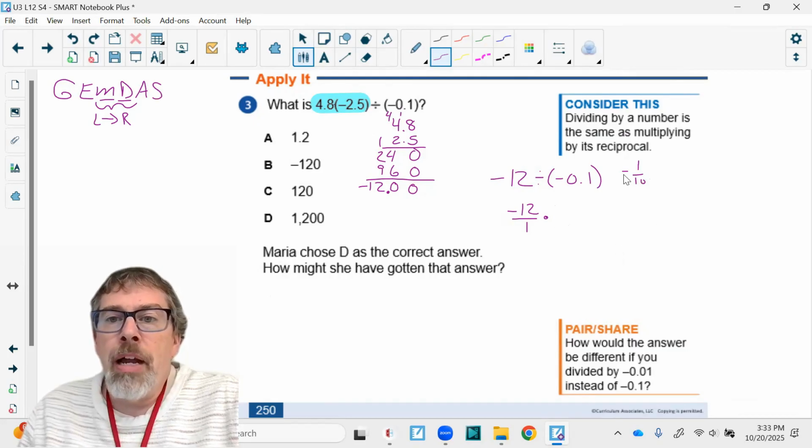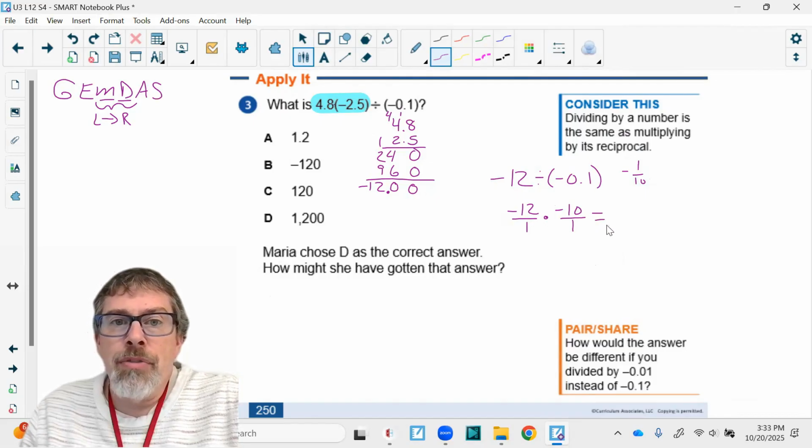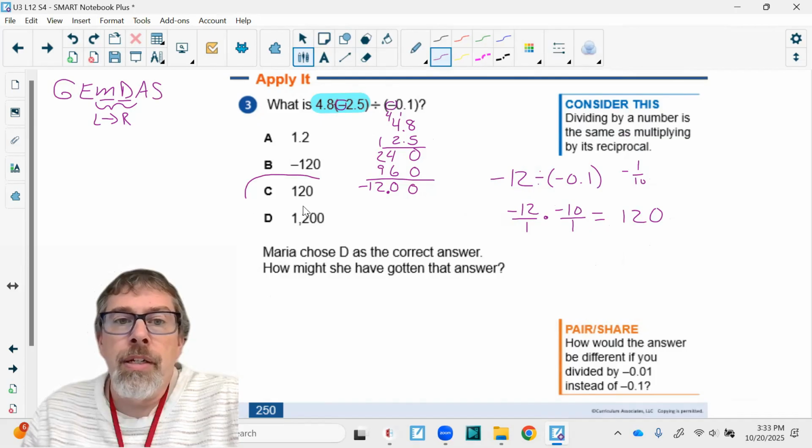So I'm going to multiply by its reciprocal, which is negative 10 over 1. Be really careful with this number here. Negative times a negative is going to be positive. If you look at the original, we have 2 negative numbers. Whenever it's even, your solution is going to be positive. 12 times 10 is 120. The answer is C.